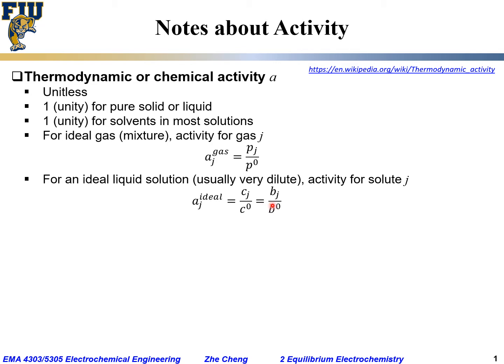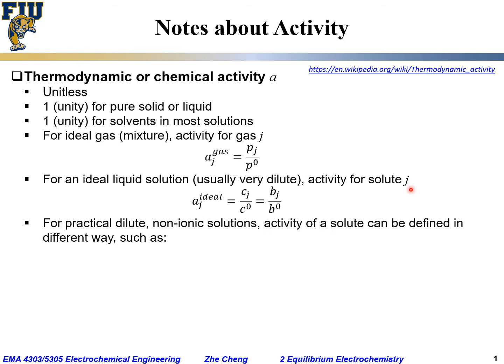It will also be equal to Bj over B0. Bj is the molality of the solute concentration in the unit of mole per kilogram of solvent, and B0 is the standard molality, which is 1 mole per kilogram of solvent. So this gives us the result for an ideal liquid solution. We can get the activity for the solute easily.